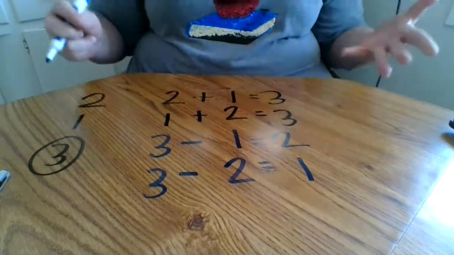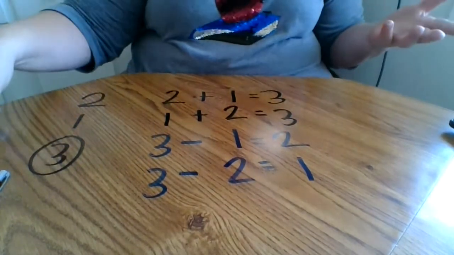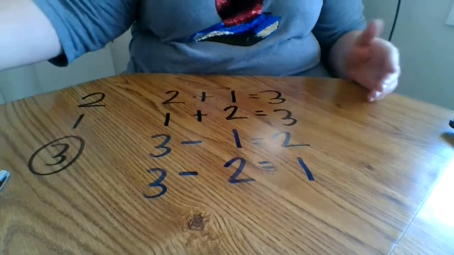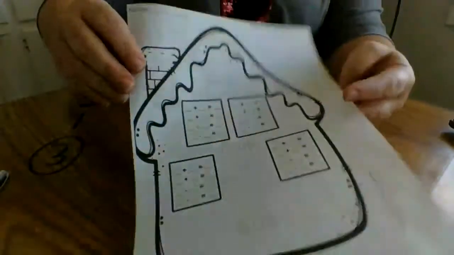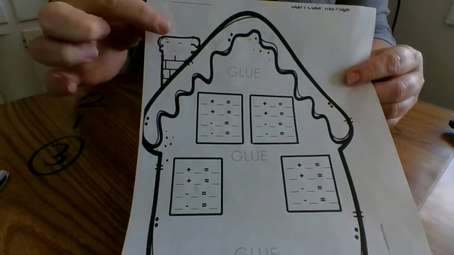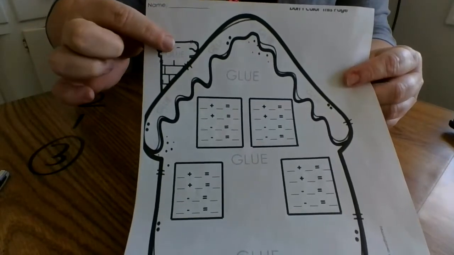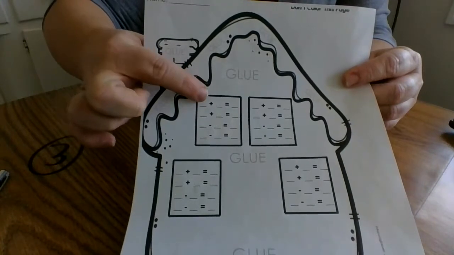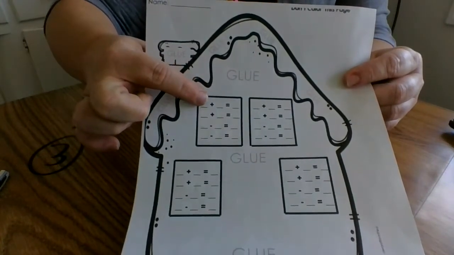All right, the question is though, where do you write that information? Well, I gave you your answer sheet. This one is going to go right here. Do you see your chimney? You're going to point to your chimney and we're going to write the first fact family right there in that box.